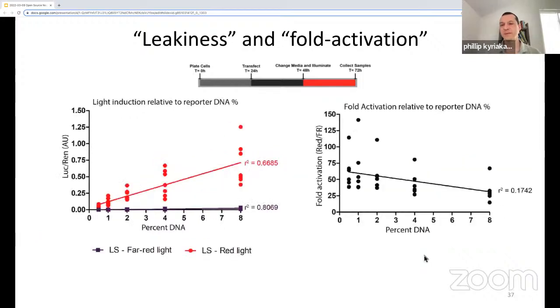And then another thing people might wonder is, does the fold activation, or the signal to noise ratio, change when you have more DNA? And it doesn't really seem to be impacted. You get more protein expression with more DNA, but the signal to noise ratio is about the same.